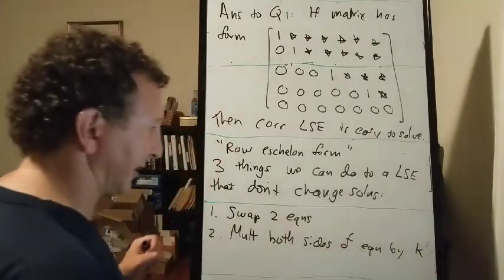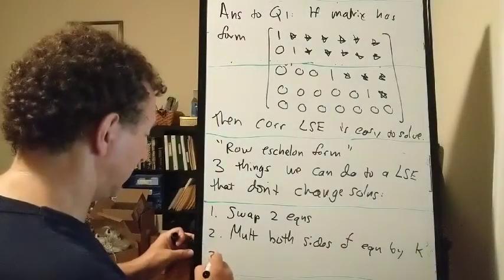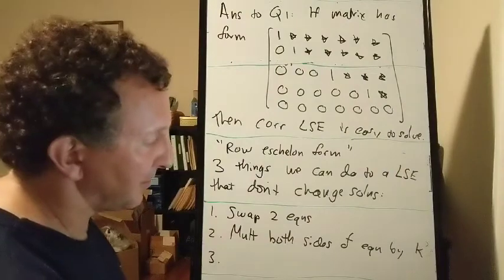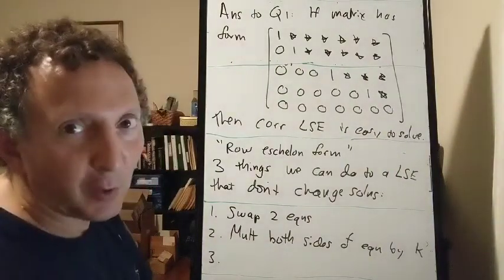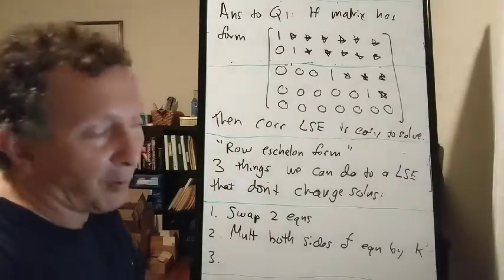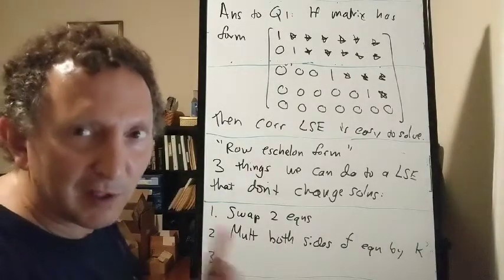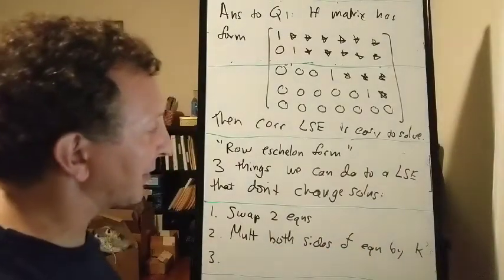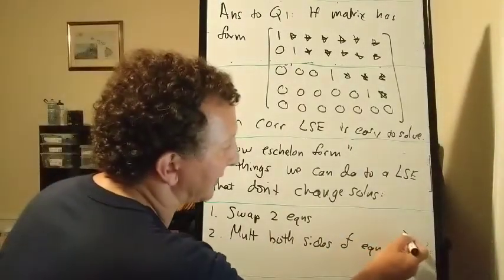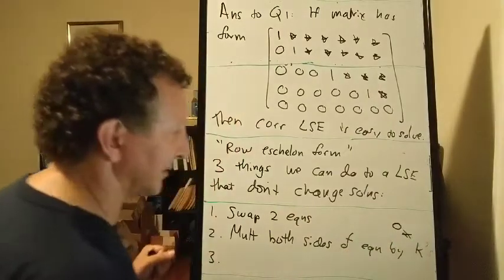We'll just write k for a constant. Could be any constant. If we multiply both sides by 0, I guess we still get an equation that's true, but what we get is 0 equals 0, which doesn't give us much information. So we're going to be multiplying both sides of an equation by k not equal to 0.